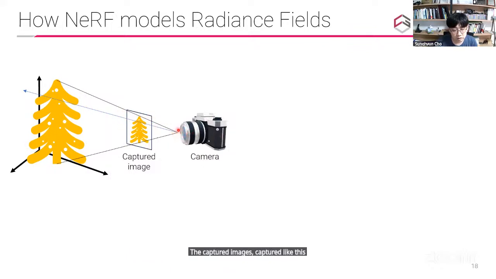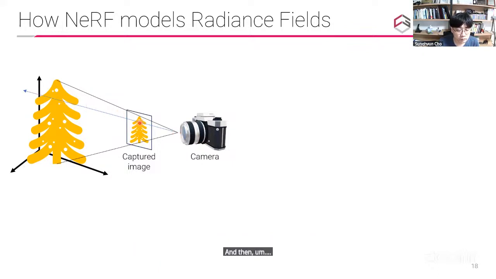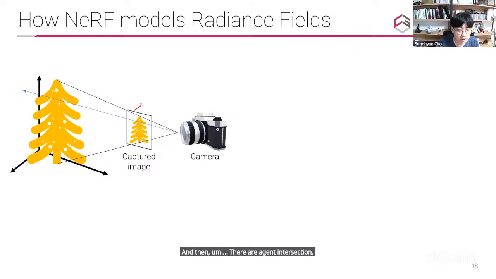There is a center of projection, or center of camera, and we can cast a ray like this from the center of projection, and then there is an intersection. This is basically the image plane.